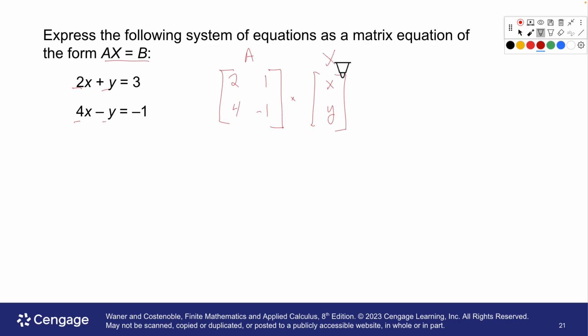We just call that big X. And then all that is going to be equal to, I guess I call it the answer matrix, of 3 and -1. Okay, that's how we do that one.